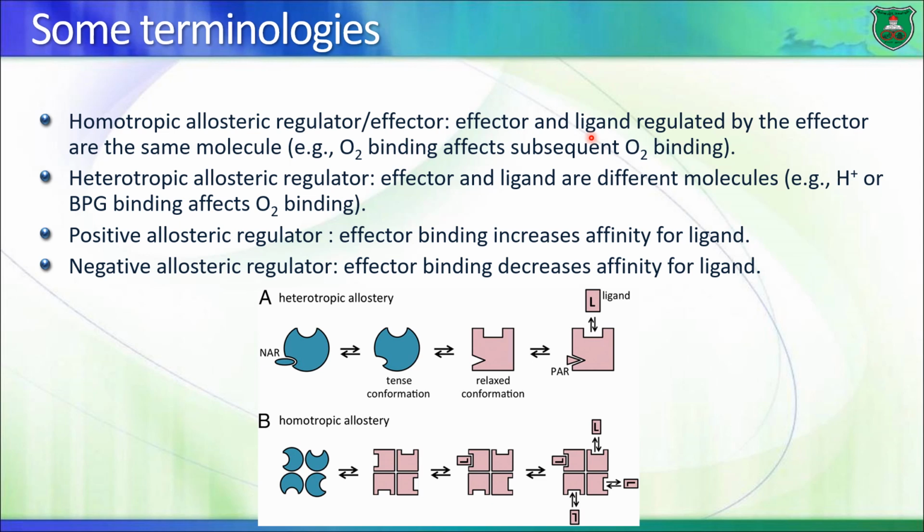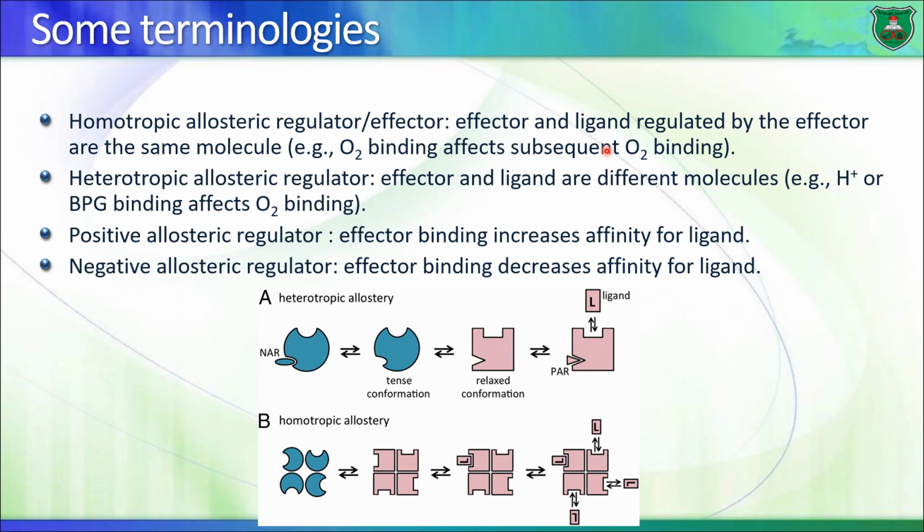Okay, so if the effector, if the regulator and the ligand are the same, then we say that this is a homotropic regulator. So what happens in case of hemoglobin is that oxygen plays the role of a regulator.